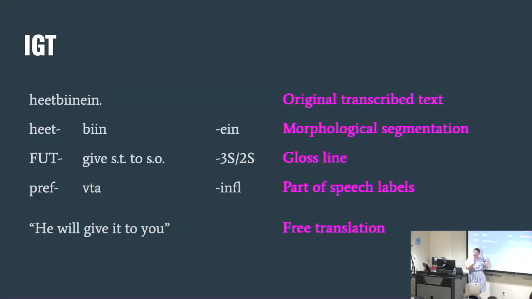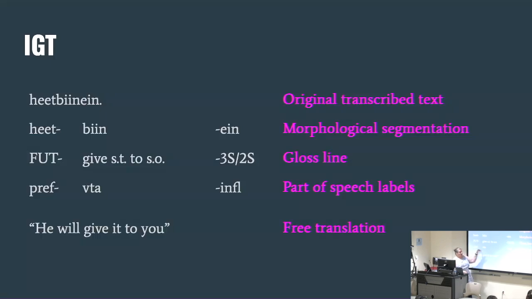Ideally, we have both so that we can analyze the changes that happen from the canonical form to the surface form. We need to have a gloss line that is generally a combination of stem translations into some language of wider communication and labels that indicate grammatical function or meaning contributions, like the future label and the agreement morphology.